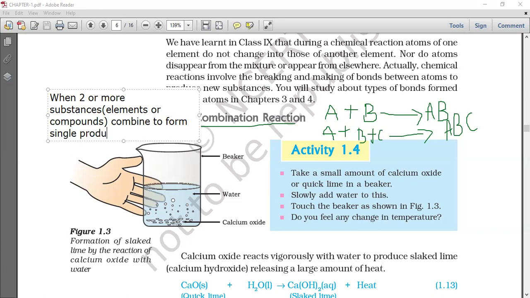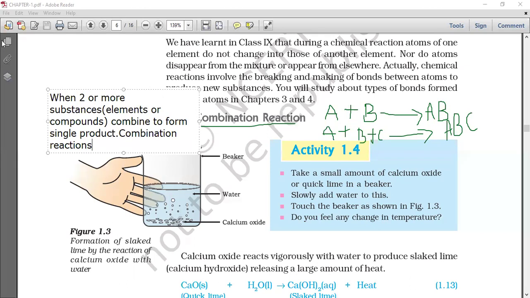Such reactions are called combination reactions. Suppose you take two or more, as in the next example, A plus B plus C, three substances or elements, and finally I got a product, as I have already explained.